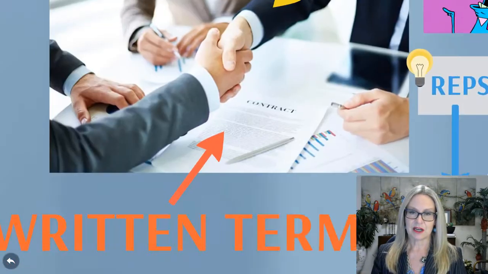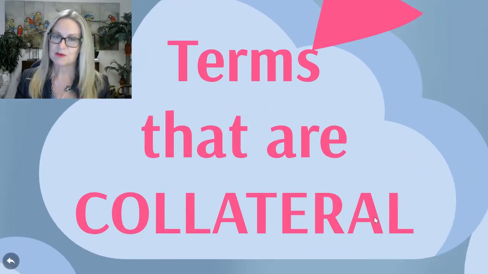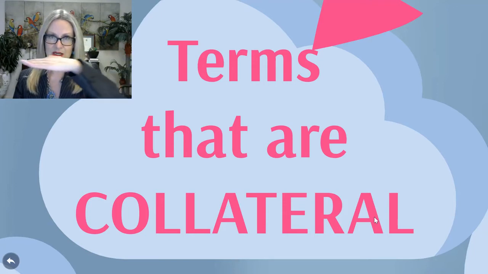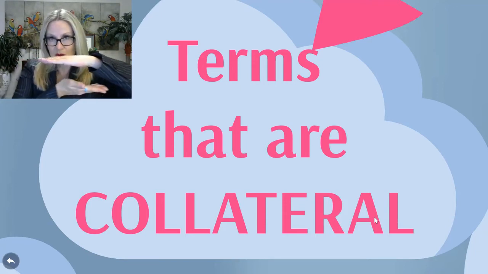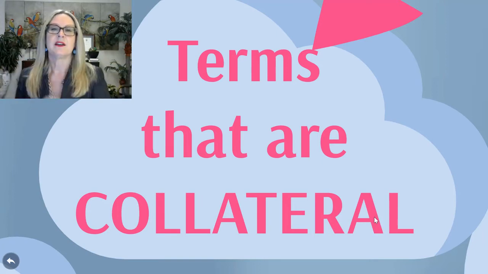And apart from the written terms, you will have terms that are collateral. So if you've got collateral contracts, you've got the main contract ticking along quite nicely, and you may also have another contract floating alongside it that can be enforced and is justiciable, just like the main contract is.